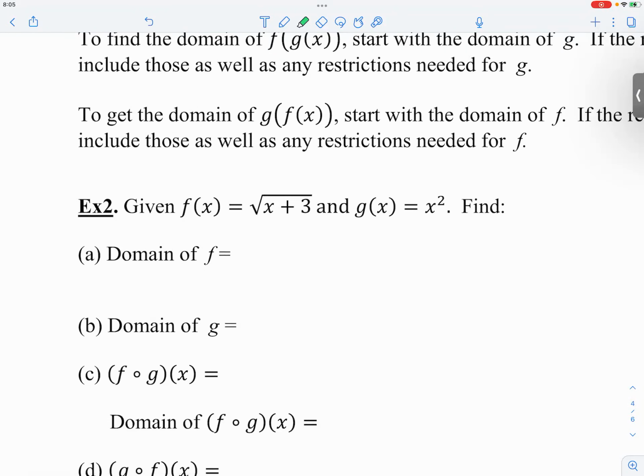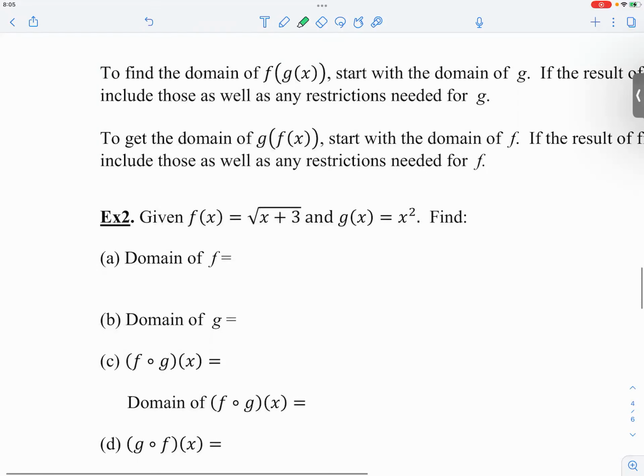What is the domain for f in this case? For the domain of f, you look at f, can x be everything? You're shaking your head and say, no, x cannot be everything because you don't want the number underneath the square root to be negative, right?